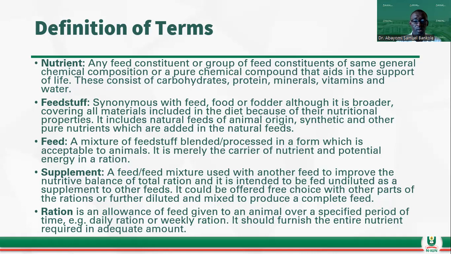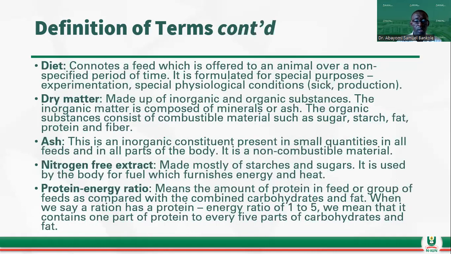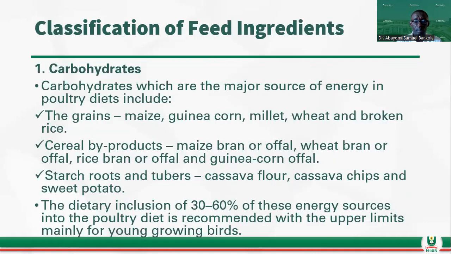Feed, of course, the feed that the animal takes, is another term in poultry feeding. Supplements, another is ration. Another is diet, and another is dry matter. Another term is ash. Nitrogen-free extract is another one. Poultry energy ratio, another one, and so on and so forth.